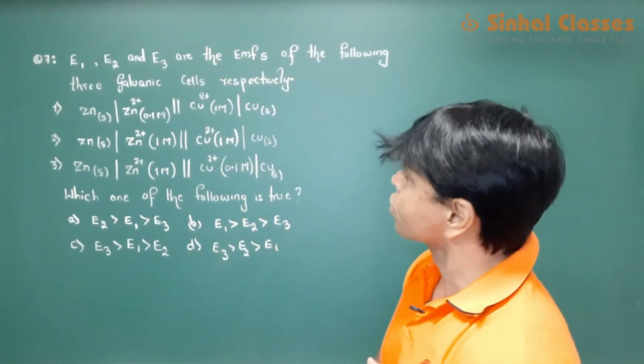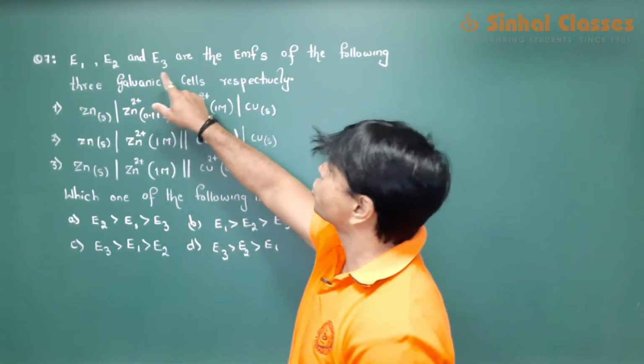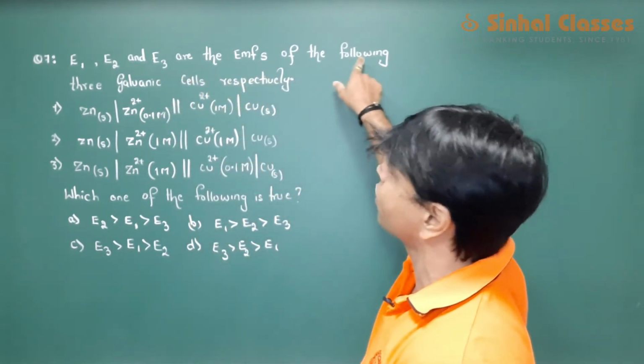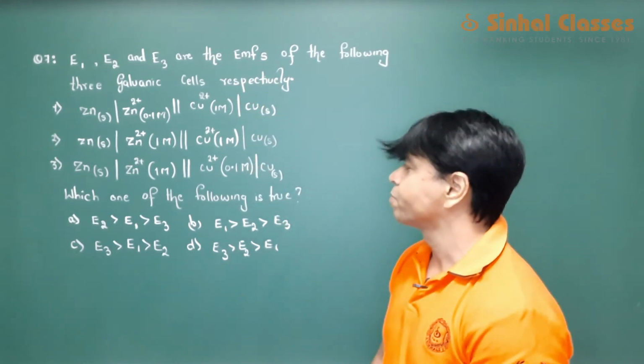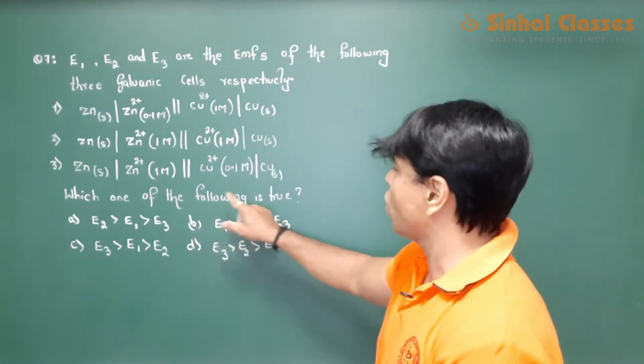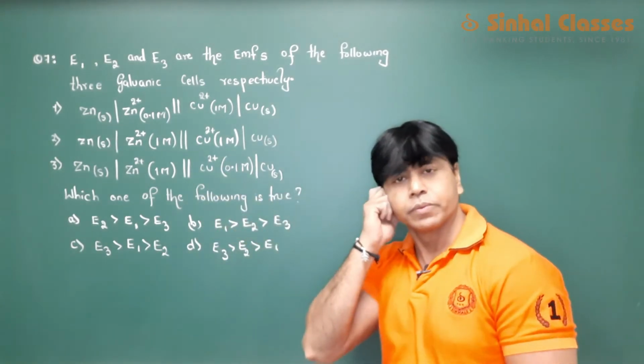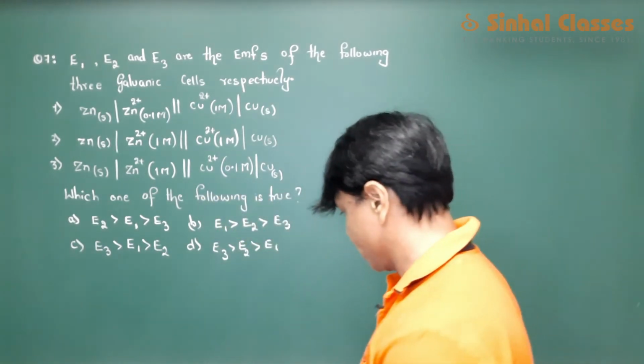A very interesting question. E1, E2, E3 are the EMF of the following three galvanic cells respectively. Which one of the following is true? So you want to know that.